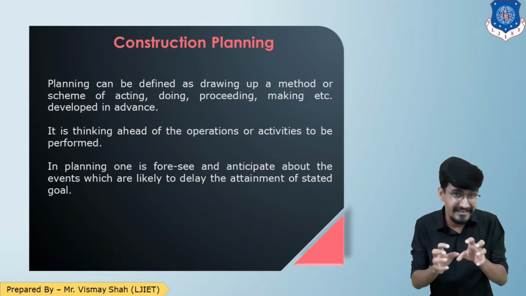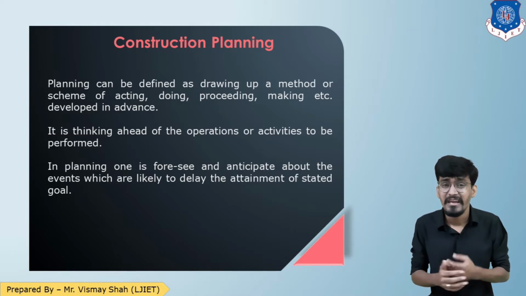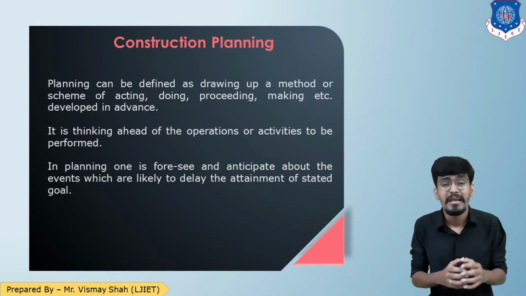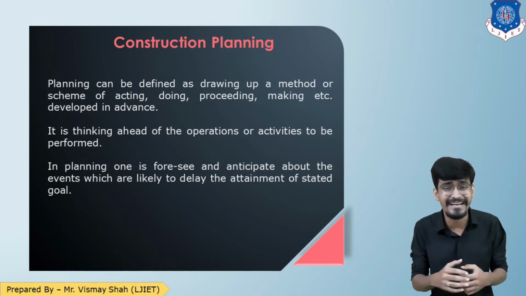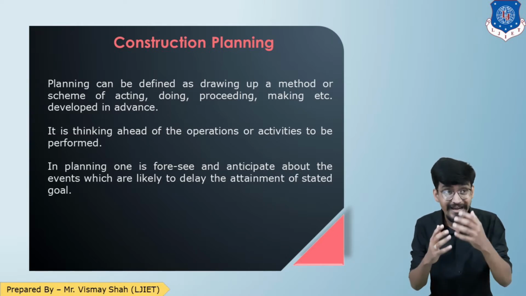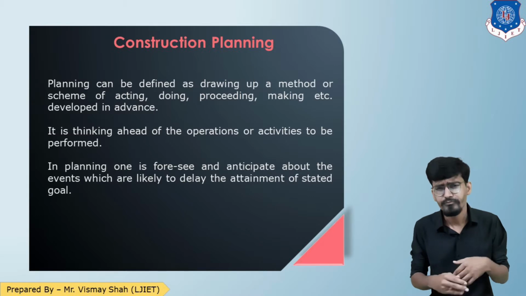What is the scope that the project can be delayed or not. For example, if you are working as a construction planner, and your project is getting started in monsoon, you have to see that rain can appear at any point of time. So you have to plan accordingly.